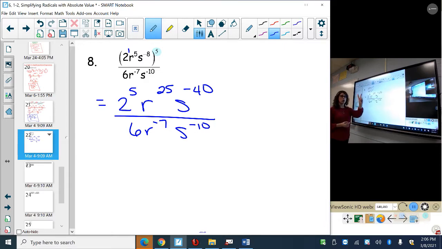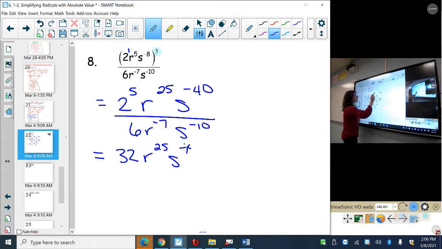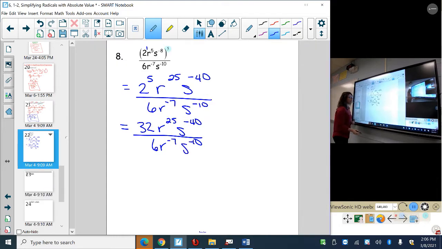2 times 2 is 4, times 2 is 8, times 2 is 16, times 2 is 32. So I have 32 r to the 25th, s to the negative 40, over 6 r to the negative 7th, s to the negative 10. 32 over 6, we divide them both by 2, and that's going to give you 16 over 3.